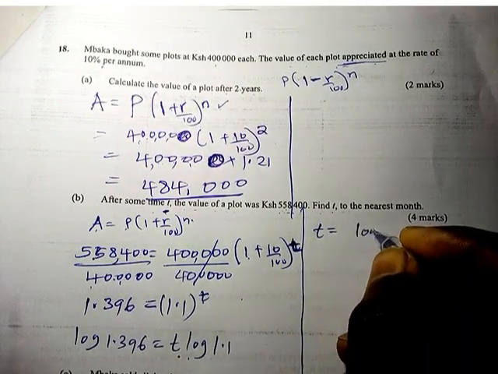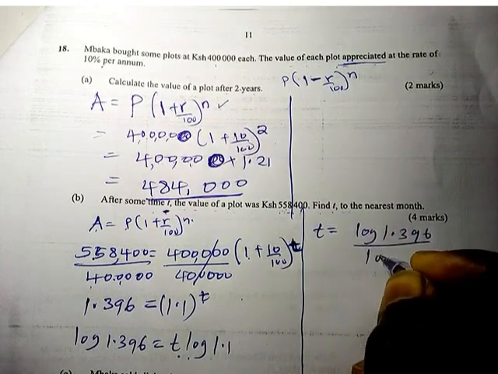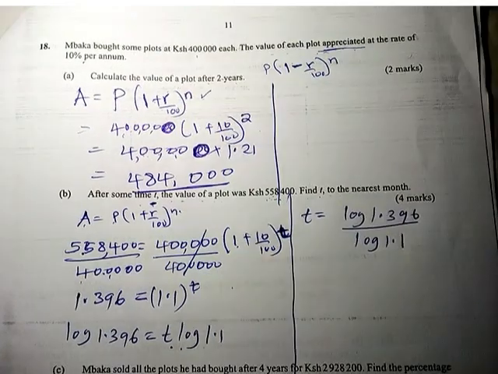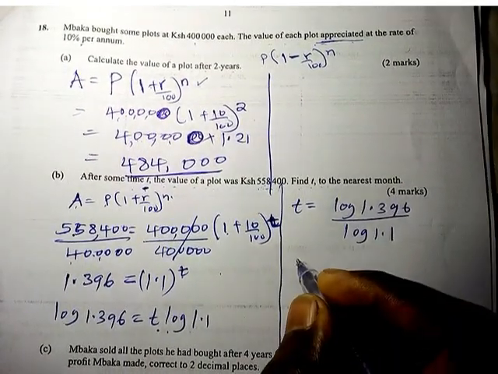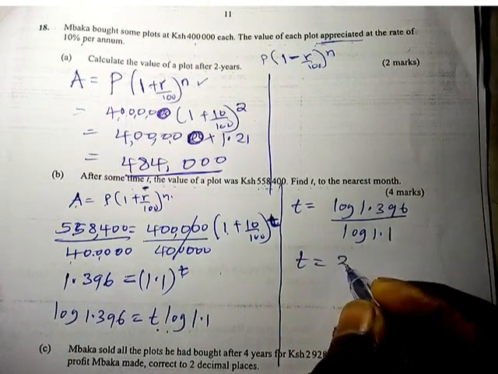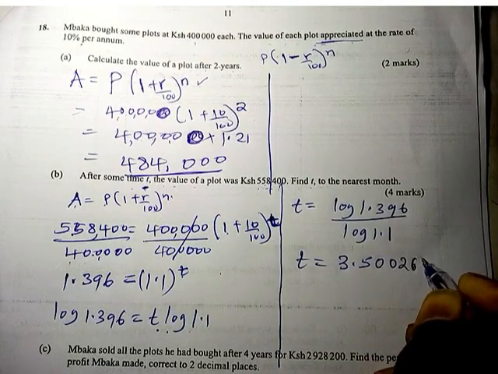So log 1.396 divided by log 1.1 will give us t equal to 3.5002662.